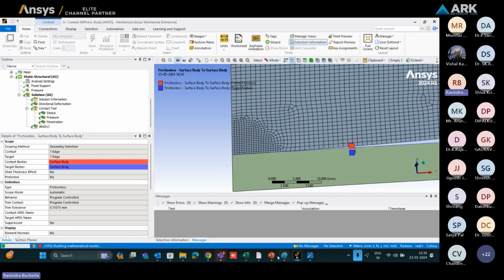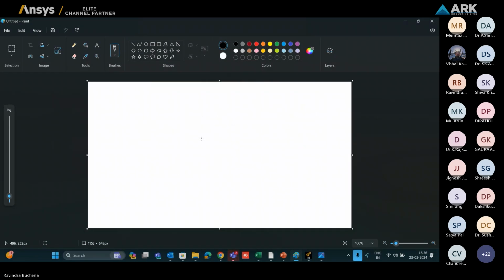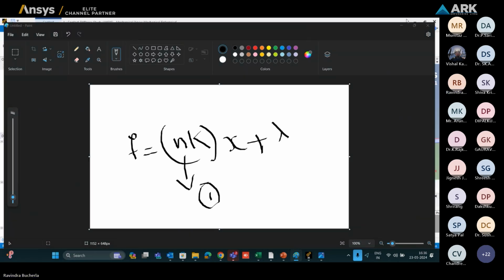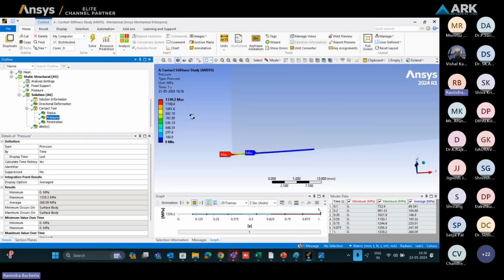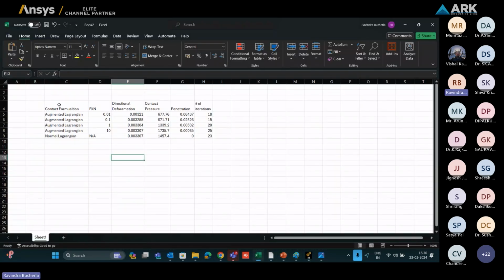In this equation, F equals N times K plus lambda. So I keep 1 now. For 1, I'm getting some pressure and there is some small penetration. You can see there is some small penetration. So this is how it will affect.